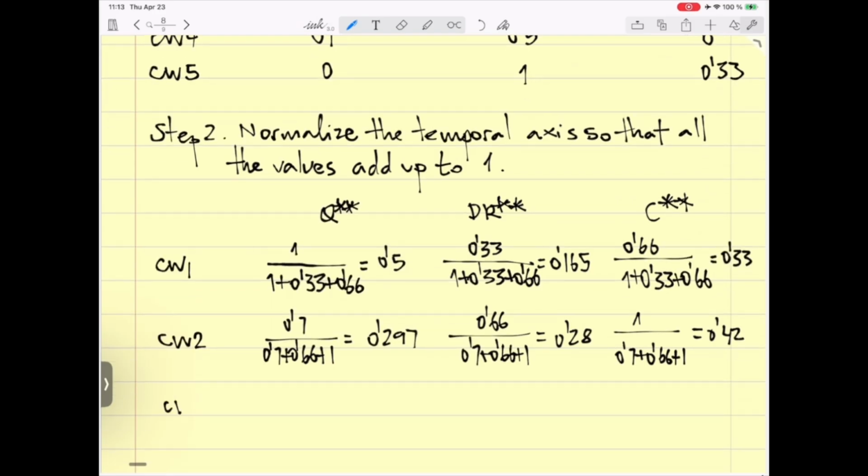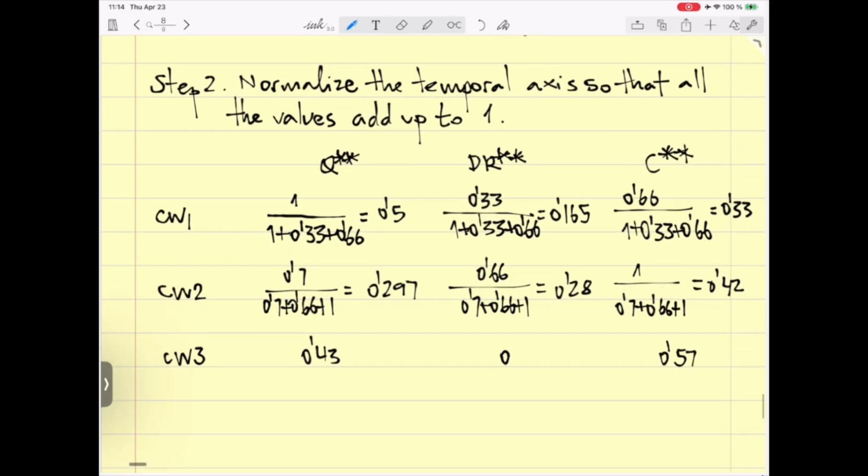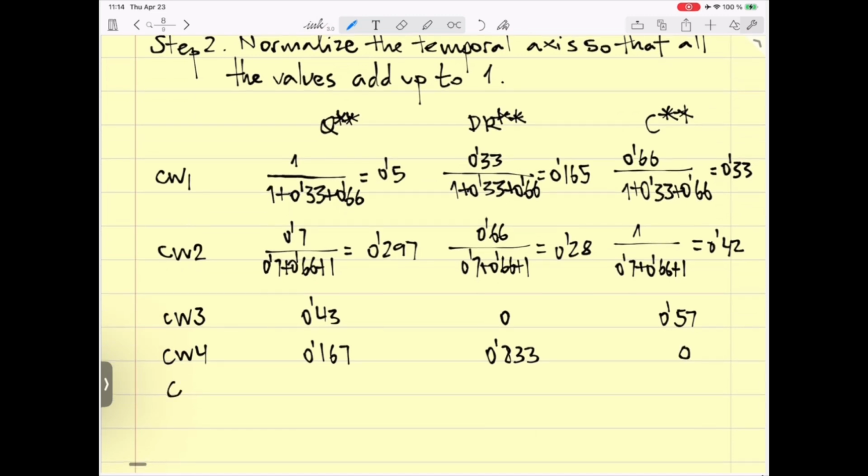So for calendar week 3, we have exactly the same: 0.43, 0, and 0.57. Then calendar week 4, 0.167, 0.833, and then 0, and calendar week 5, 0, 0.75, and 0.25. Okay, so this is the data we have.